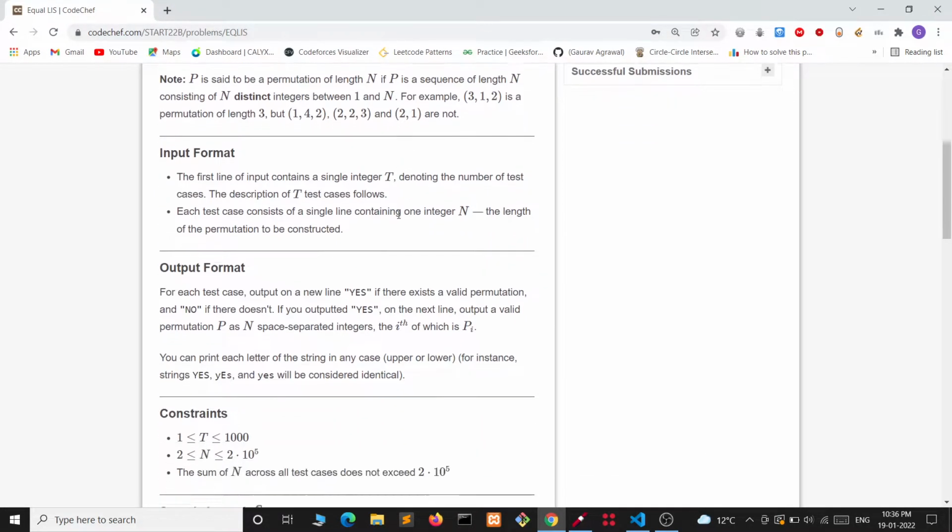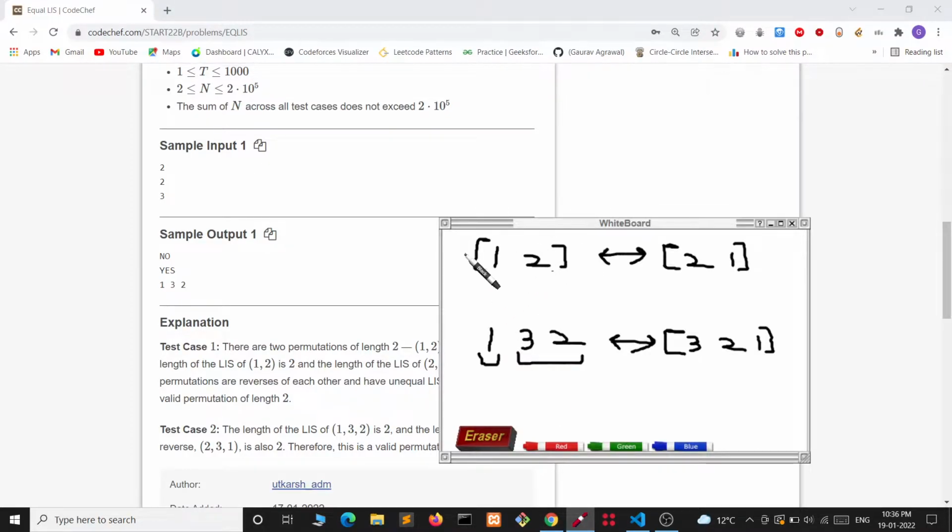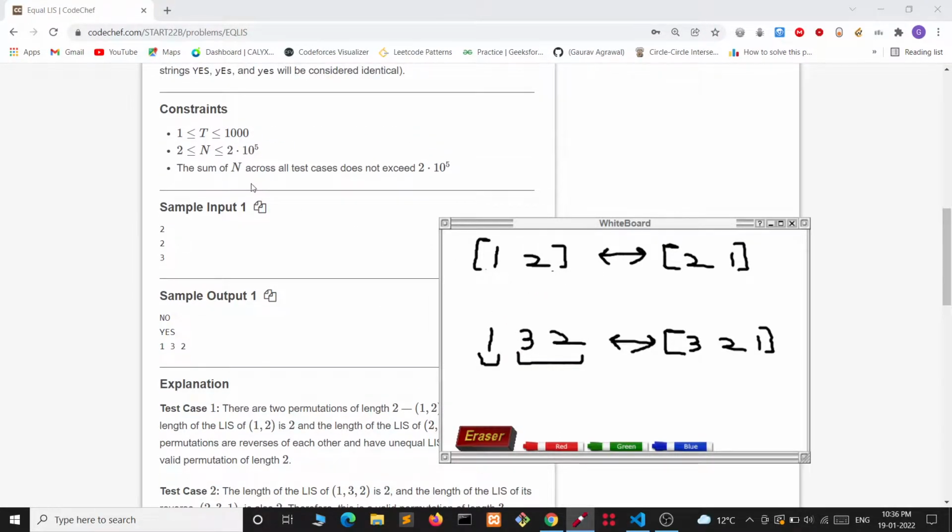Let's see some examples to understand it better. In example 1, we are given n as 2. So we have 1, 2 and 2, 1. These two are the possible permutations, and they are reverses of each other. In 1, 2, the longest increasing subsequence is 1, 2, so it is of length 2.